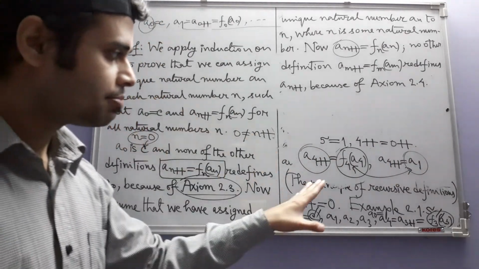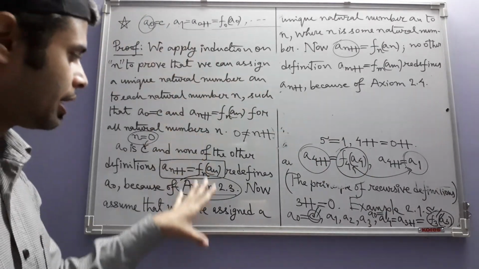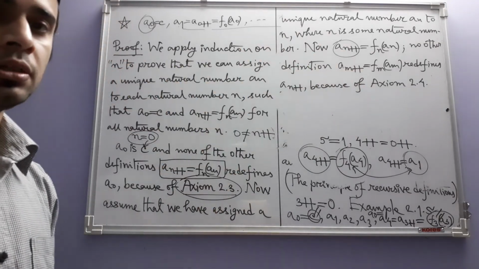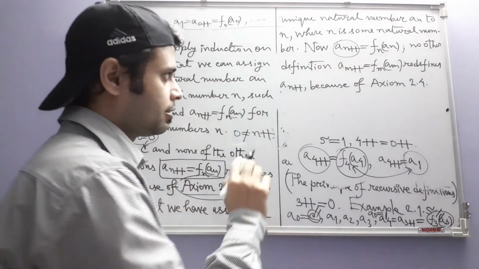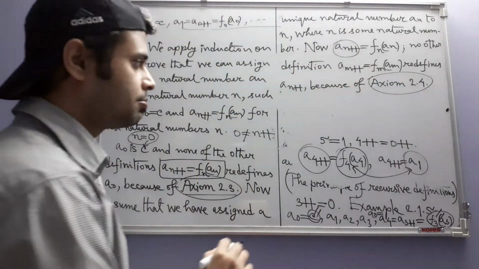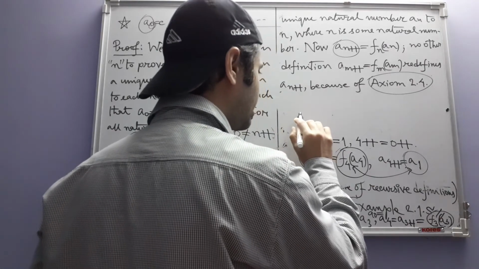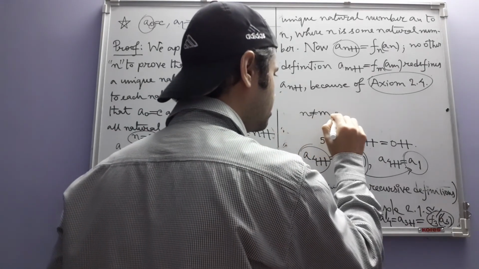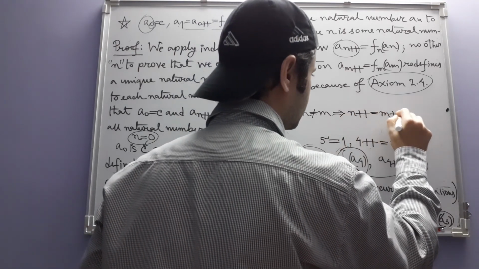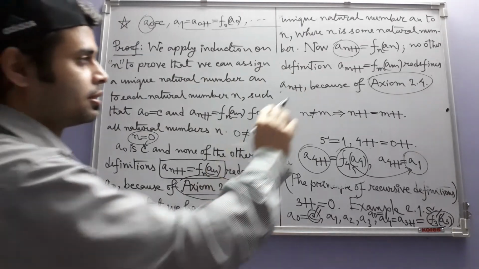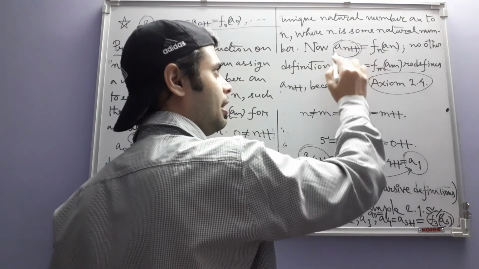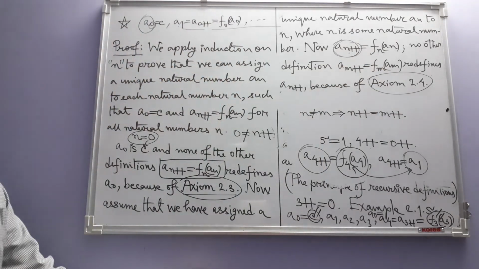So in that type of number system, if we try to run this process, run this proof, we cannot go forward. We lose uniqueness. And axiom 2.4 saves us from that, because if you recall what axiom 2.4 said, distinct natural numbers had distinct successors. So that means if n and m are different, then n plus plus and m plus plus are also different.